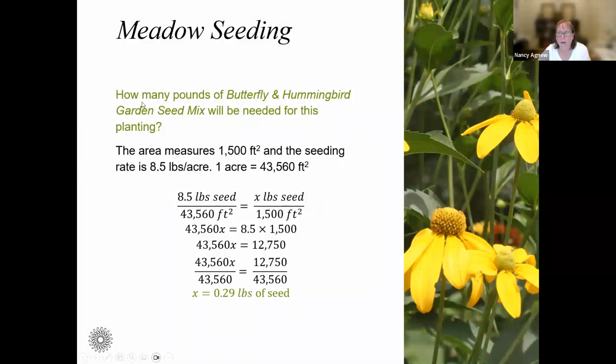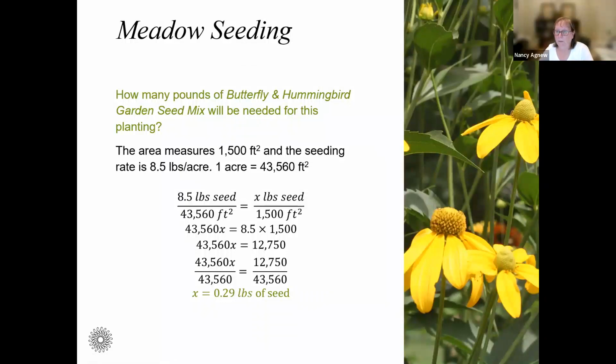First, calculating the butterfly and hummingbird garden seeding mix. The area measures 1,500 square feet, and the rate is 8.5 pounds per acre. So we want to make sure the area units are the same, and an acre is equivalent to 43,560 square feet.